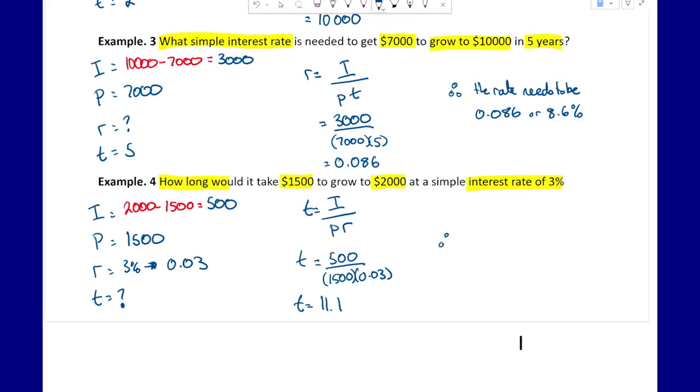Therefore, it would take 11.1 years to grow $1,500 to $2,000 at a rate of 3%.